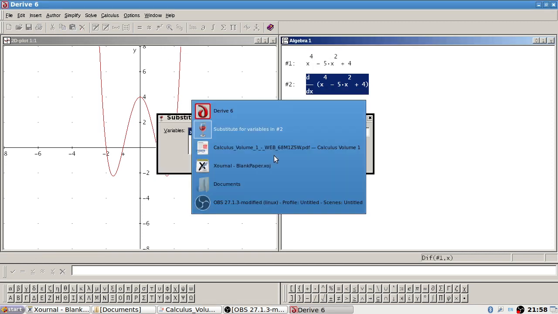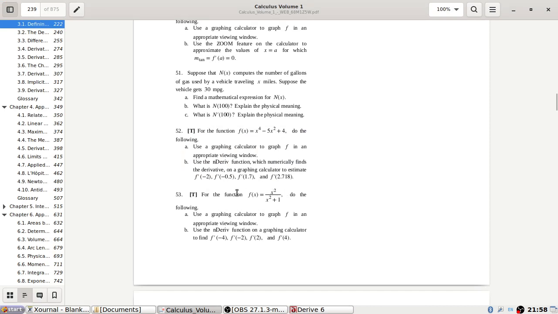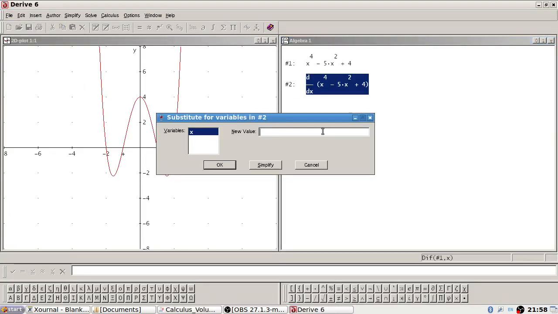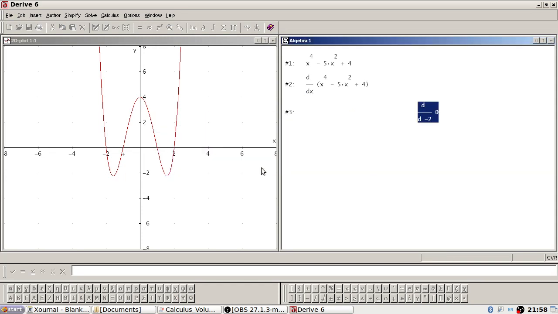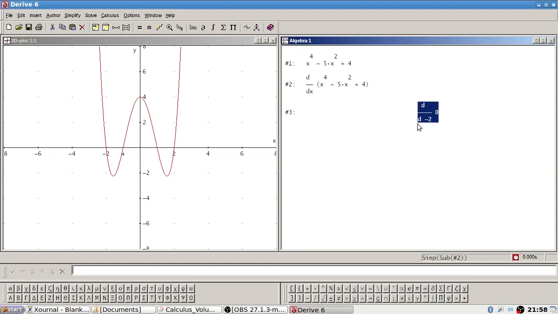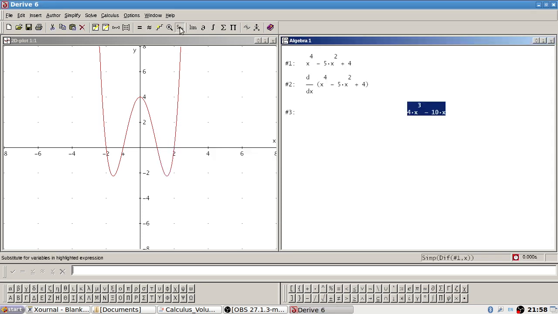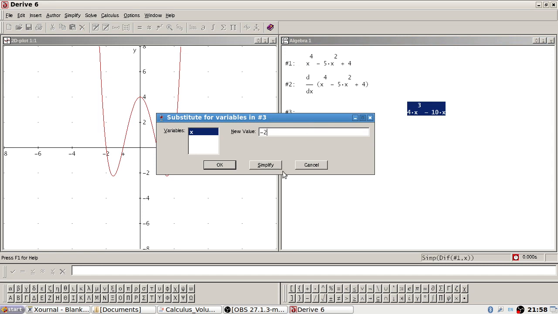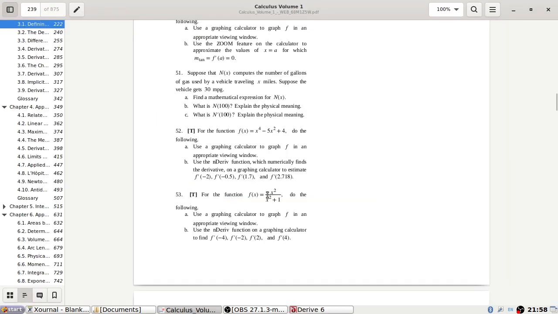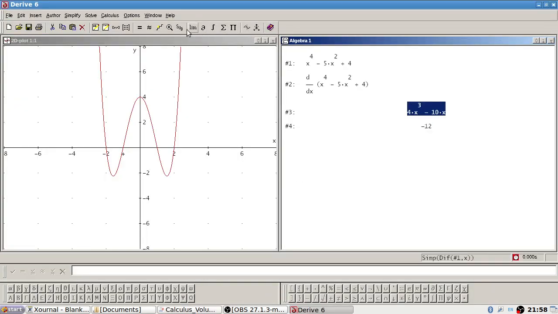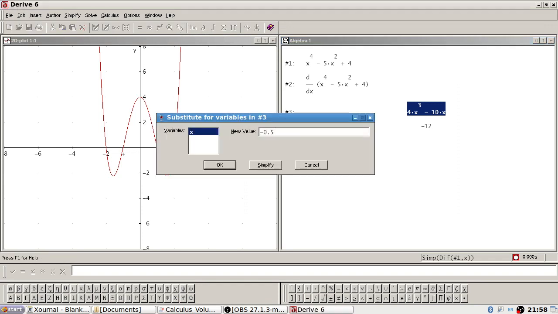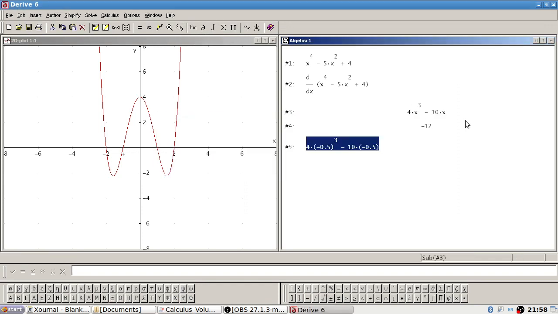At minus 2. Whoops. Okay, derivative at minus 2. Minus a half. Should have simplified it.